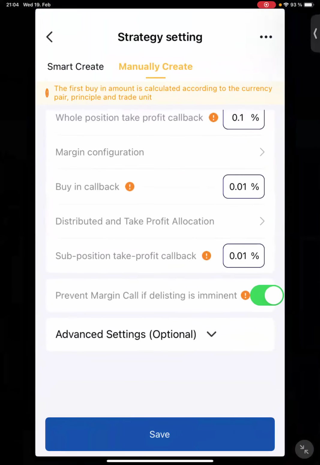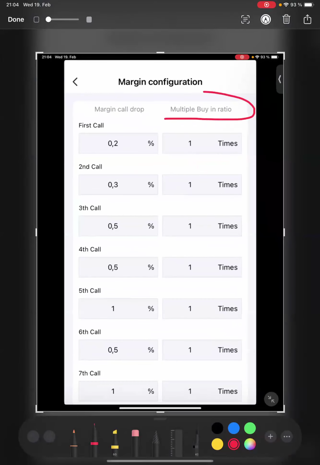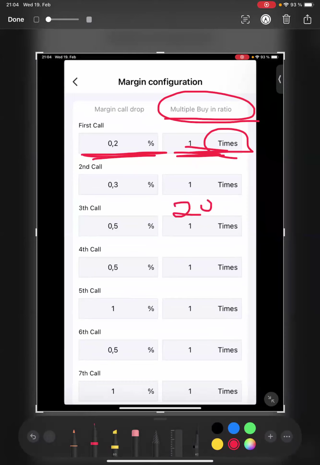You can find it under the margin configuration. This is what I just said, the multiple buy-in ratio. It means how many times should the robot buy on the first call drop? 1 times. 1 times of what? 1 times of my first buying amount, and my first buying amount is 20. So on the first call, the robot will use 20 USDT. Second call, 20.